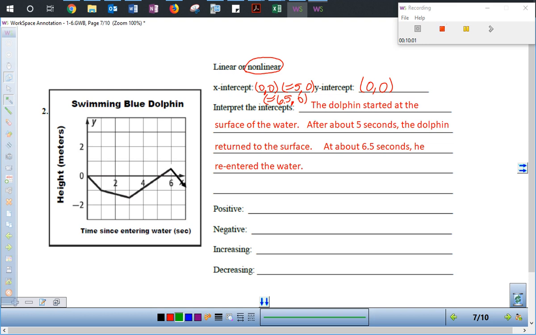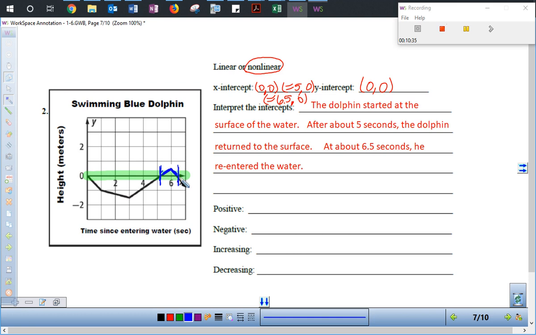Next, we want to talk about where my graph is positive and where it is negative. Now, this one is going to be a little bit trickier than the past ones because the x-axis is kind of in the middle of our graph. So my graph is positive when it is above this highlighted line of the x-axis. Well, it is only above the x-axis right here in blue. So it starts being above the x-axis right there and stops being above the x-axis right there.